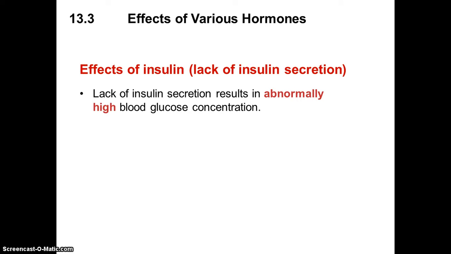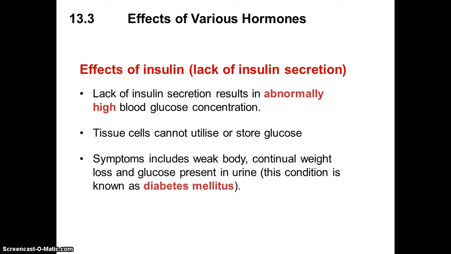The lack of insulin secretion results in abnormally high blood glucose concentrations. When the tissue cells cannot utilize or store the glucose, symptoms include a weak body, continual weight loss, and glucose present in the urine.